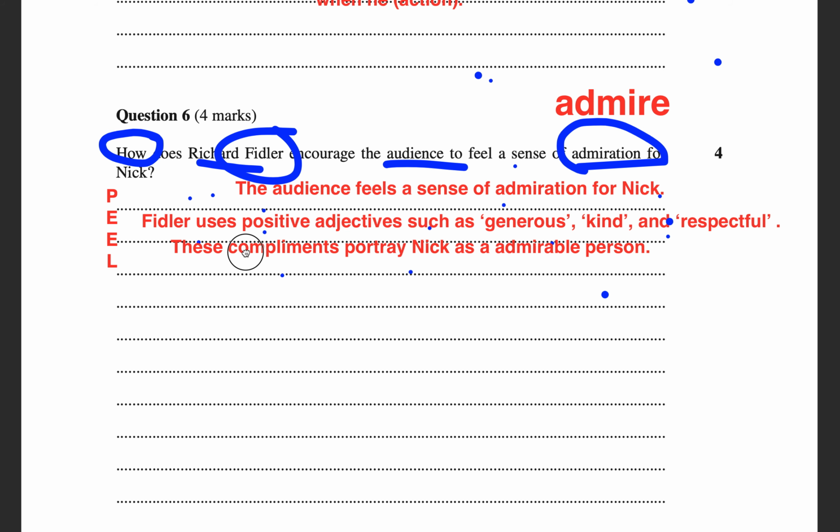So if you include another one, your next sentence will be "In addition," or you can use the word "also," or you can use the word "furthermore." What does Fiedler do? What does he say? Fiedler does this, and so on, and then you explain in the next sentence.